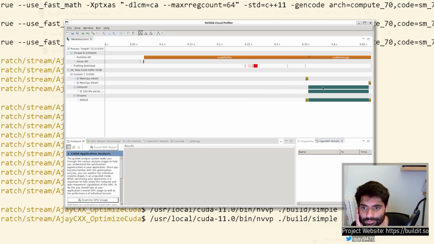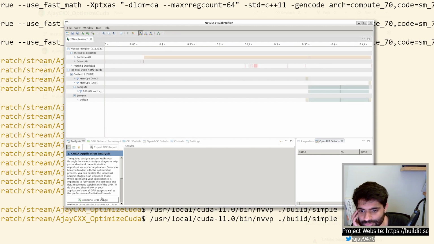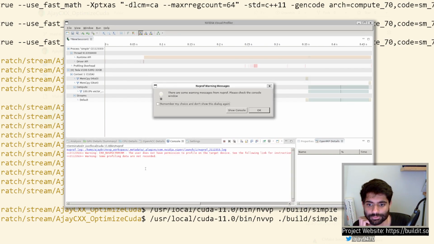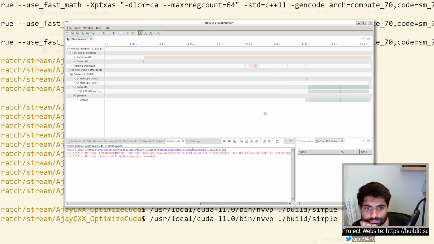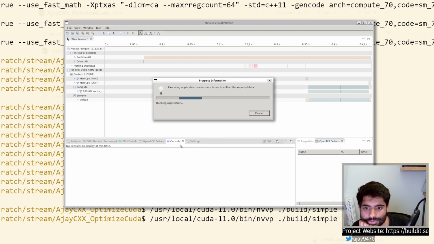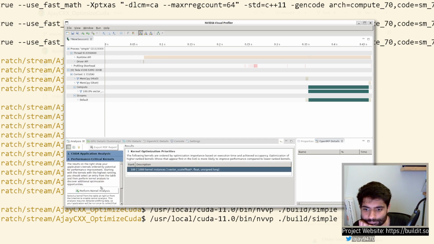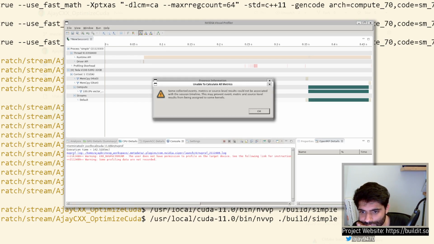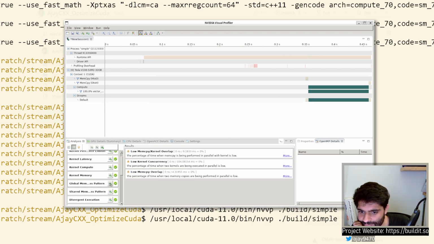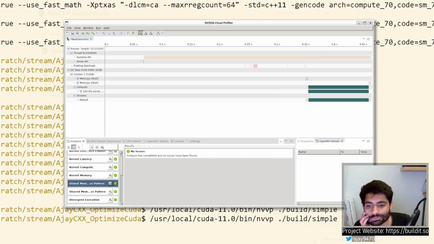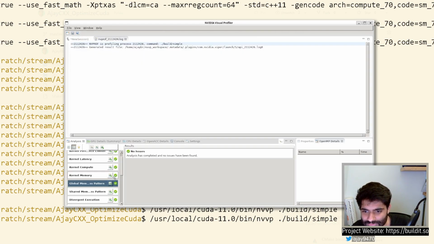Okay, so this time if I look at my compute kernel, I say examine GPU usage, individual kernels, and this time if I look at global memory access pattern, first of all it says analysis has completed and shows no issues.